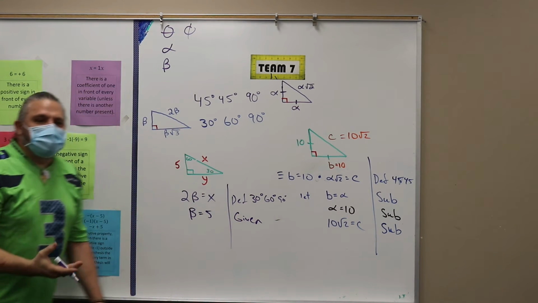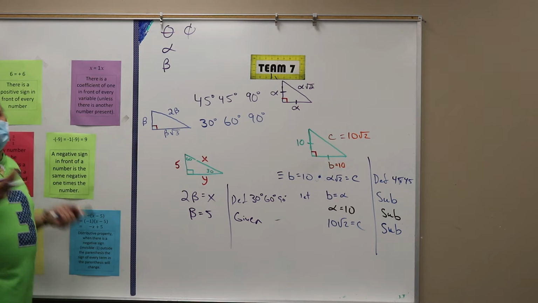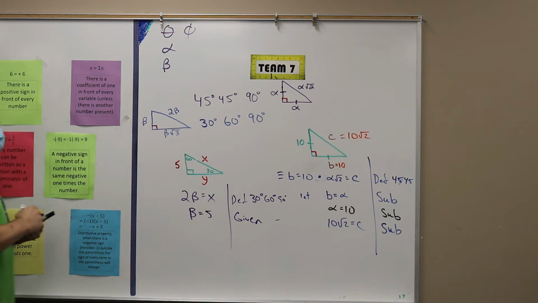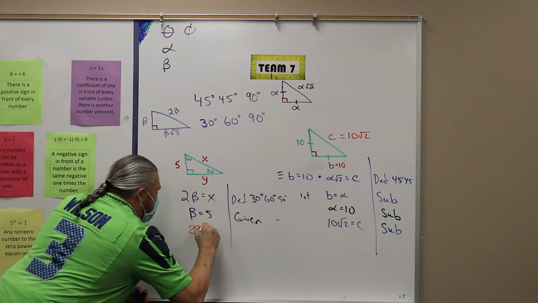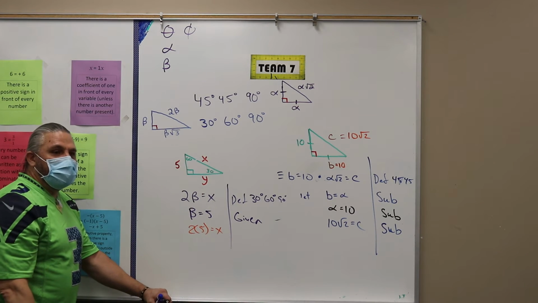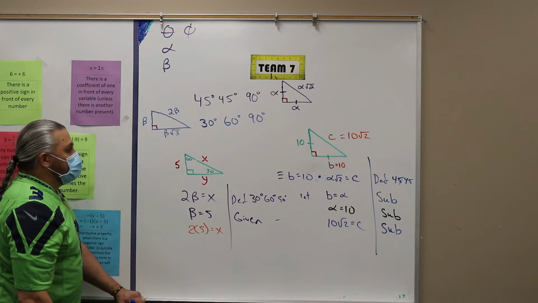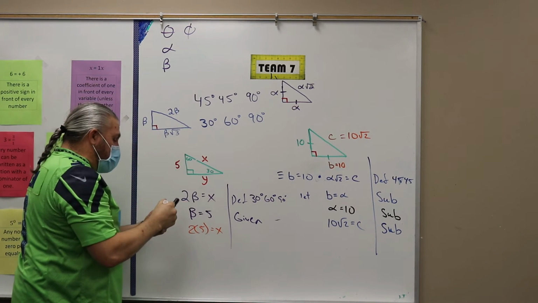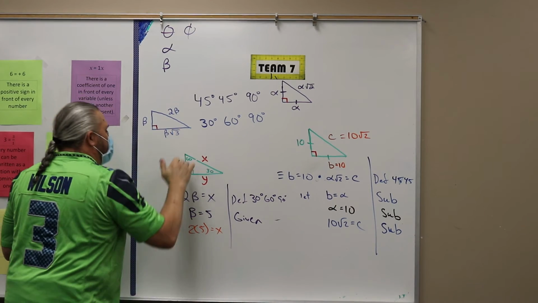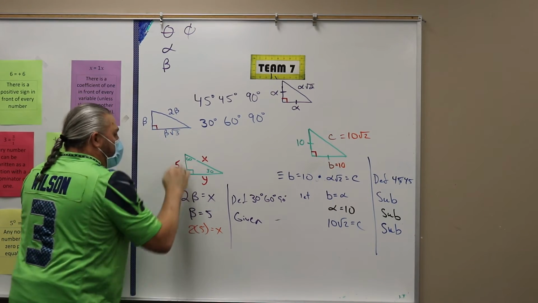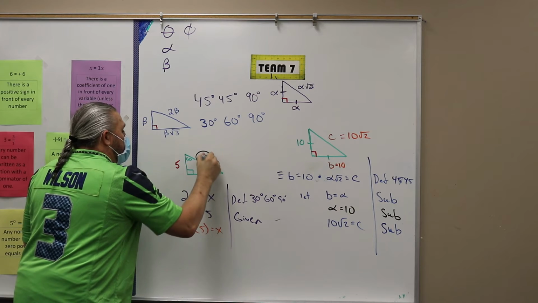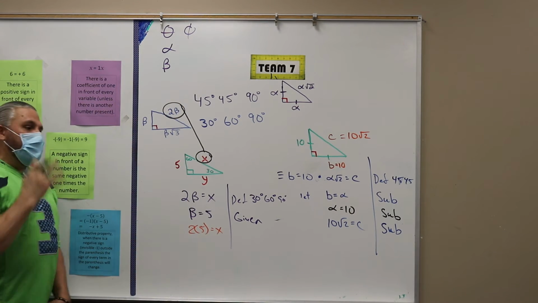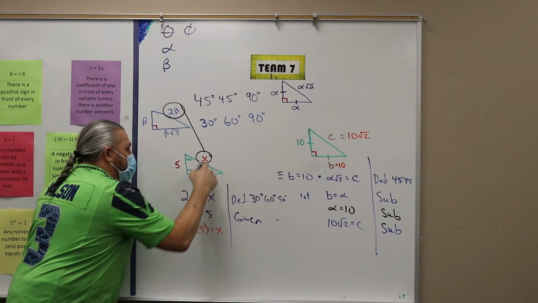Or you could say substitution, either one's fine with me. Now you sub it in. So 2 times 5 is equal to x. That's what I always show my students. I set them up so they're right underneath each other, and I say this and this are linked. This equals this.